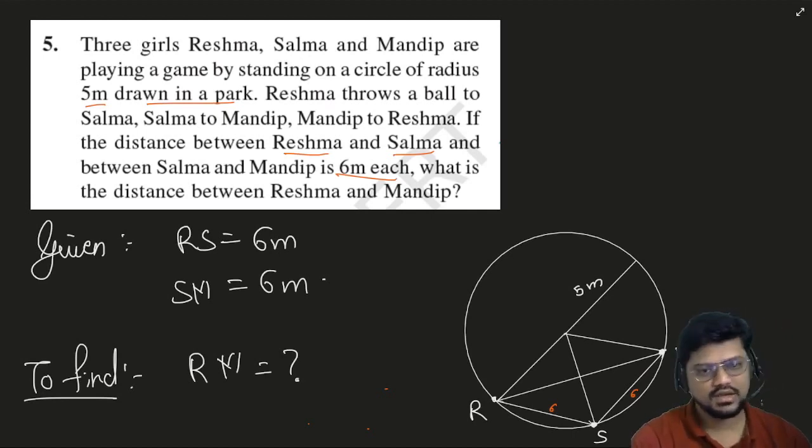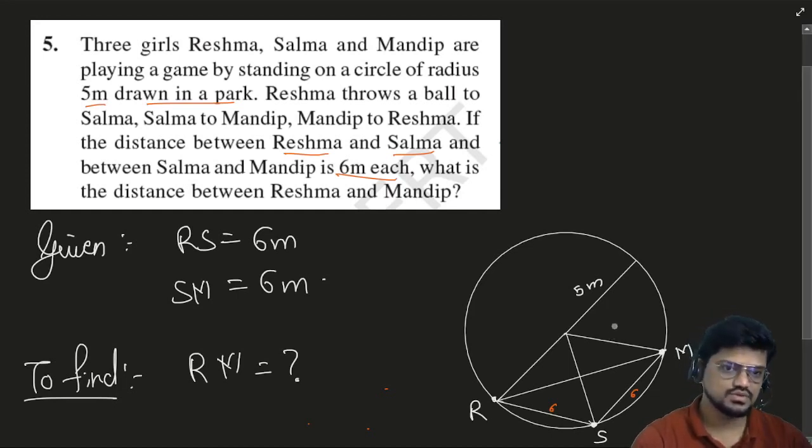Is RM a perpendicular bisector? Yeah, it will be because it's a chord, no? If this is a chord and this distance RS and this distance are equal, what all things do you have? The radius of the circle is 5. So this is 5, this is also 5. And they have given this as 6, this also as 6.